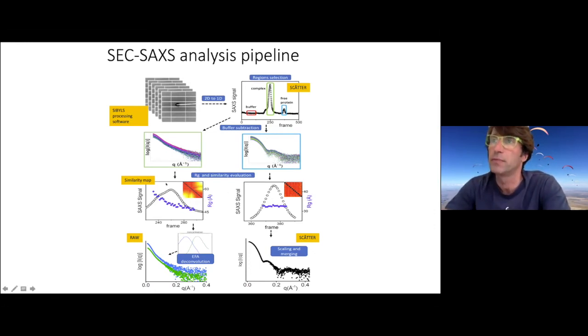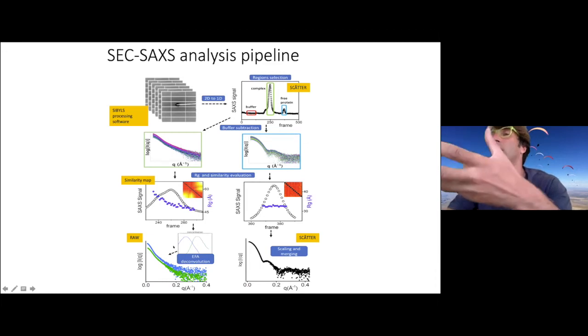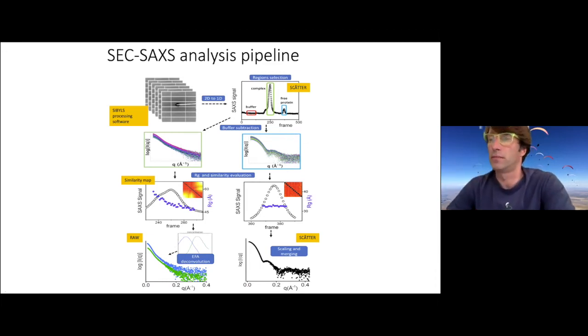But we at least give you the scattering profiles for the front of the peak and for the tail of the peak. So sometimes we send you sample 1 front peak, sample 2 tail peak.